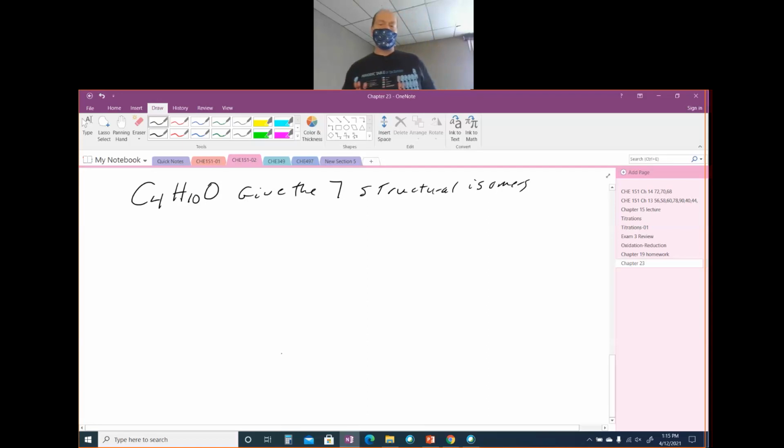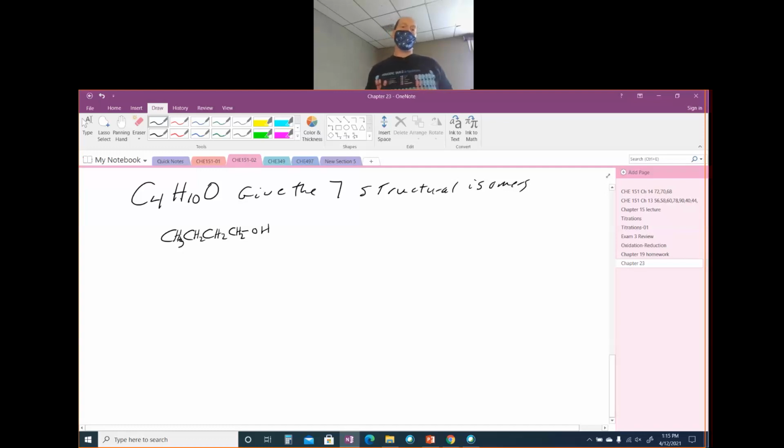All right, so anytime I have a molecular formula and I want the isomers, I always start with the longest carbon chain. And so if I have 4 carbons, the longest carbon chain is going to be 4 carbons in a row. And then I have an O, and so I can put an OH here. And then when I fill in all my carbons, I'm filling them in because all carbons have to have 4 bonds.